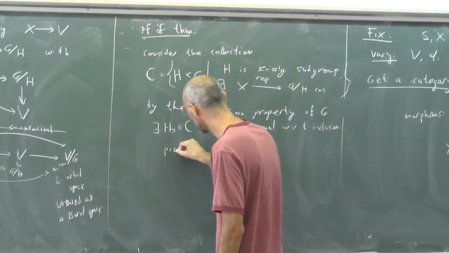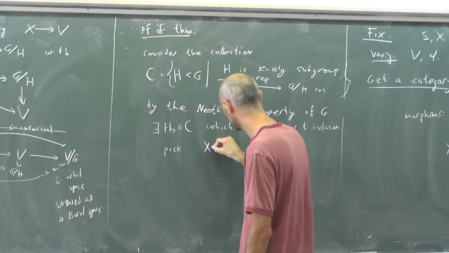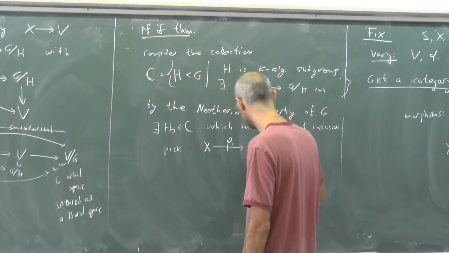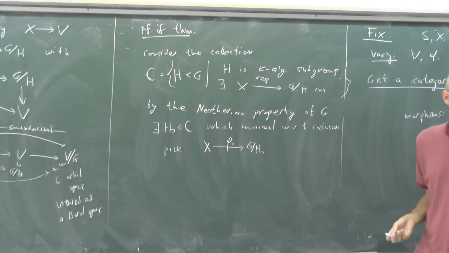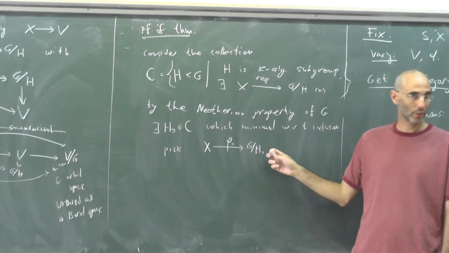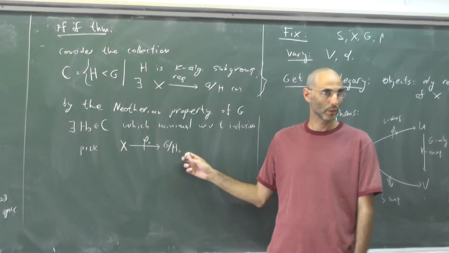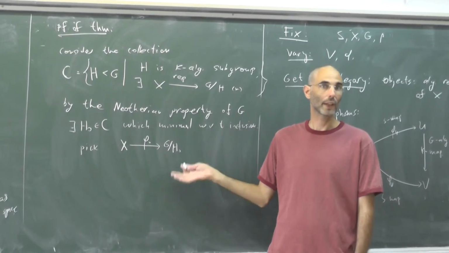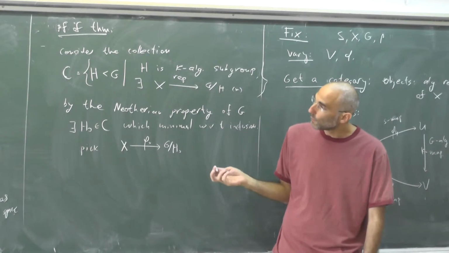And of course, with this H0, there exists some phi 0 that goes there. As the notation suggests, I want to claim that this is my initial object. This is a good candidate, because I cannot lift further, somehow, according to this picture. But it is not clear a priori.